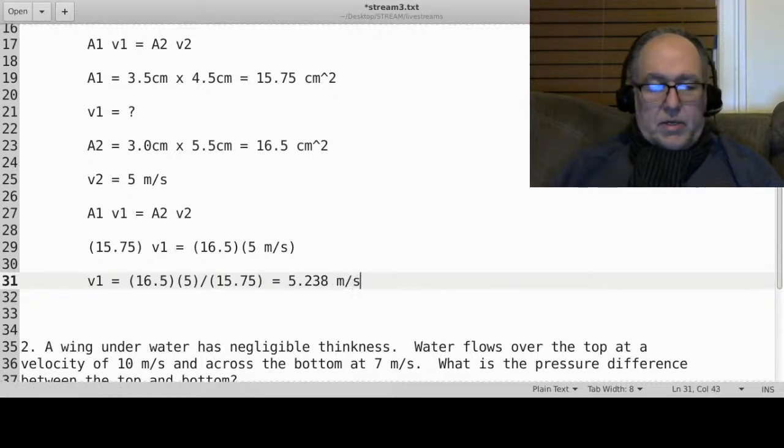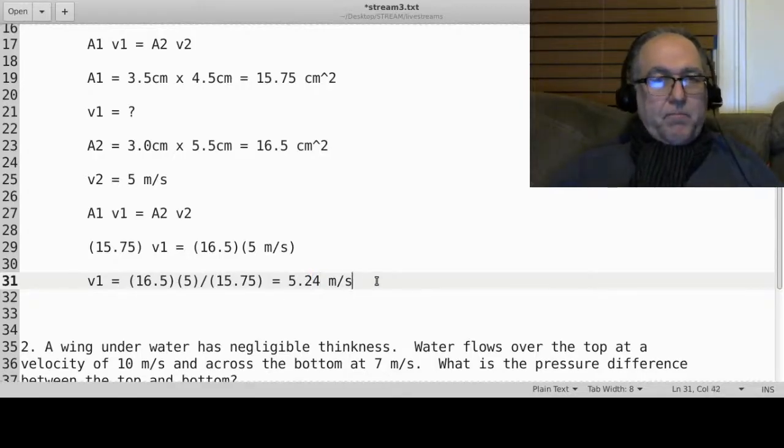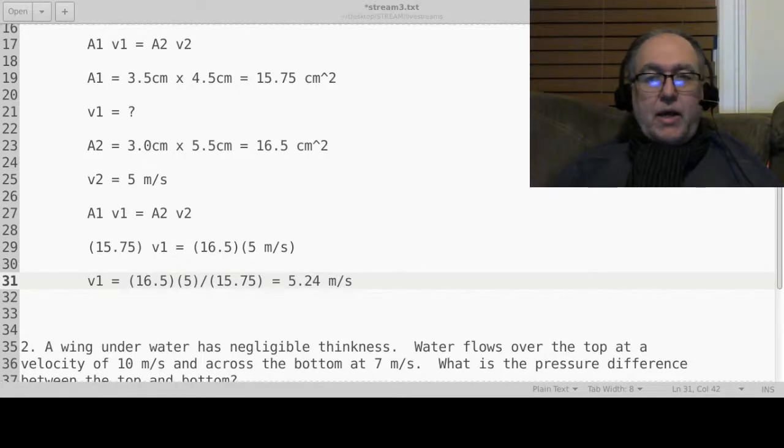There's more decimals, but I'm rounding off, and we should round off to 3 significant figures, so that 3/8 there just rounds off to 4. There's our first problem, a continuity equation. Let me see if there's any questions in the chat. No questions. It is that straightforward.